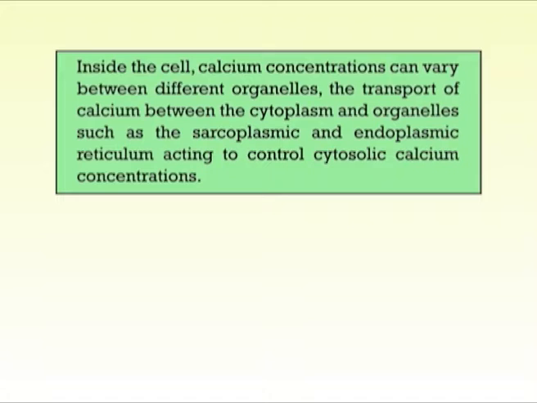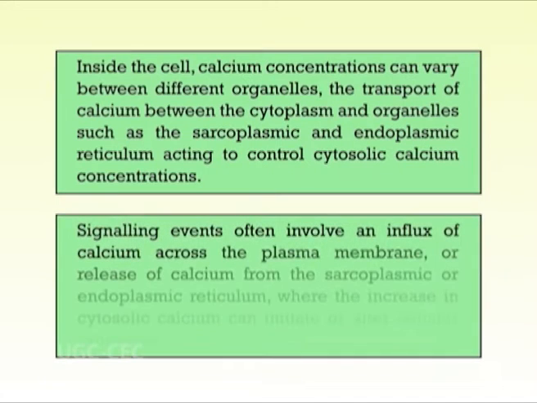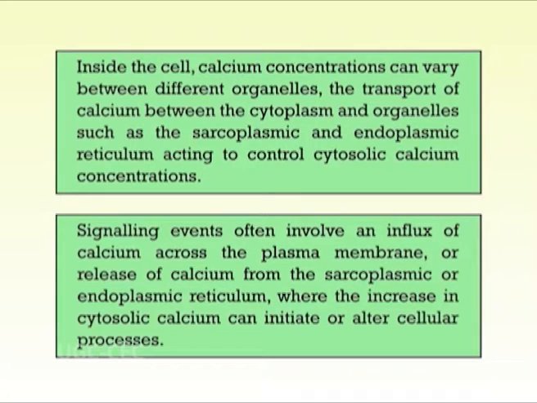The transport of calcium between the cytoplasm and the organelles, such as the sarcoplasmic and endoplasmic reticulum, acts to control cytosolic calcium concentrations. Signaling events often involve an influx of calcium across the plasma membrane or release of calcium from the sarcoplasmic or endoplasmic reticulum, where the increase in the cytosolic calcium can initiate or alter cellular processes.